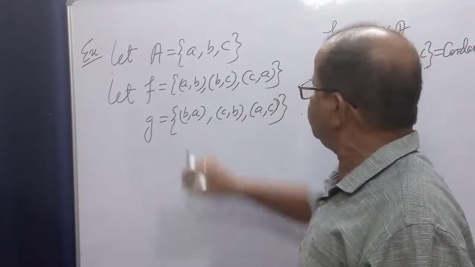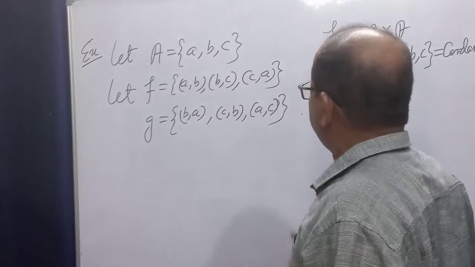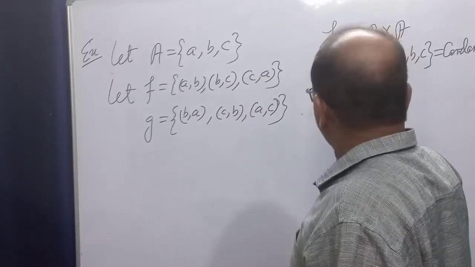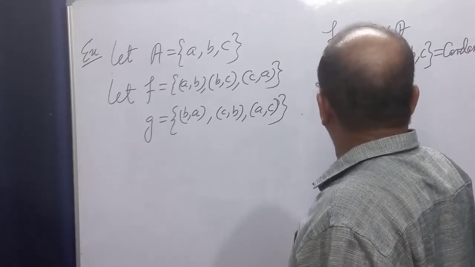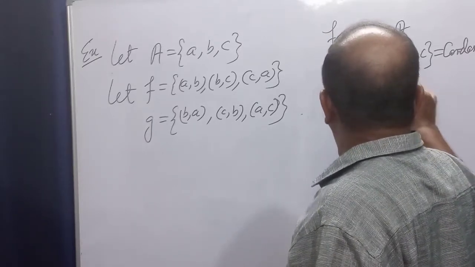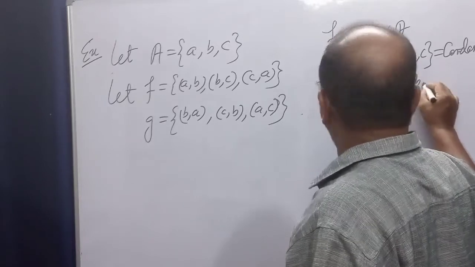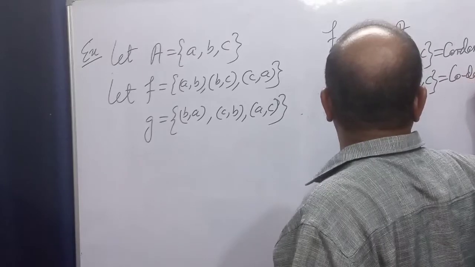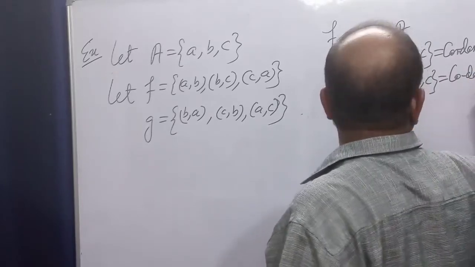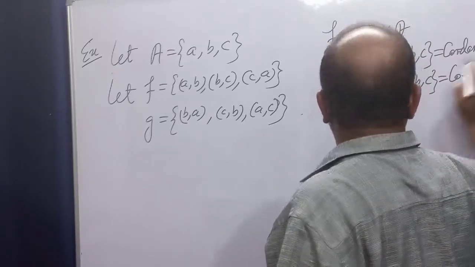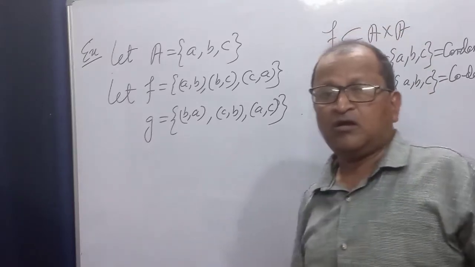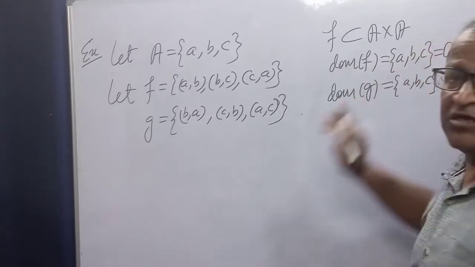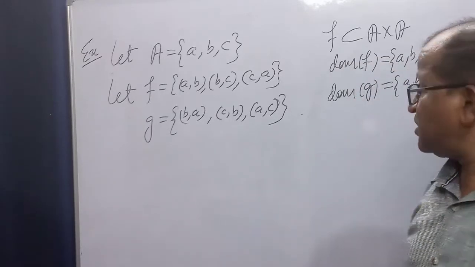And g, domain of g is equal to simply {a, b, c}, that is equal to the codomain of g. So their domains are equal, codomains are also equal, but they are not equal.